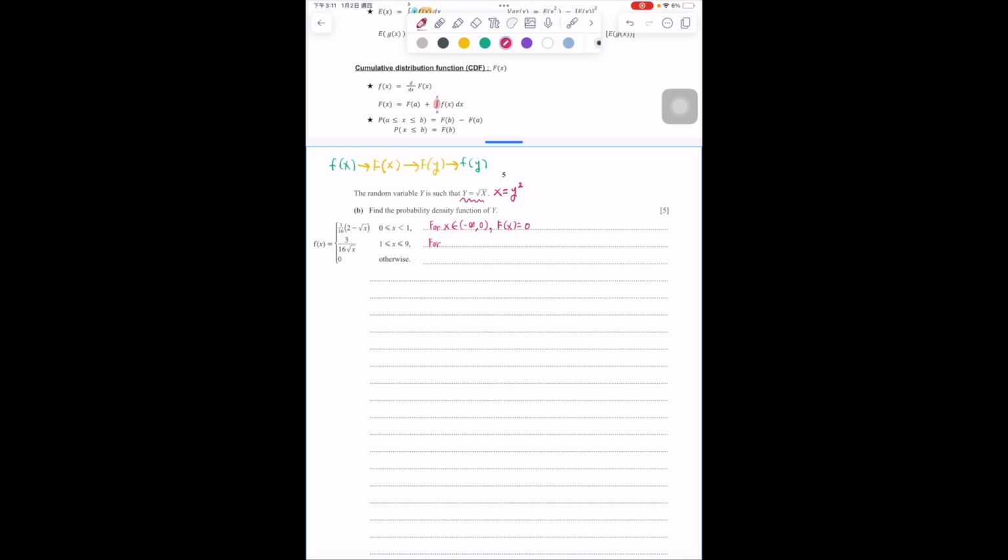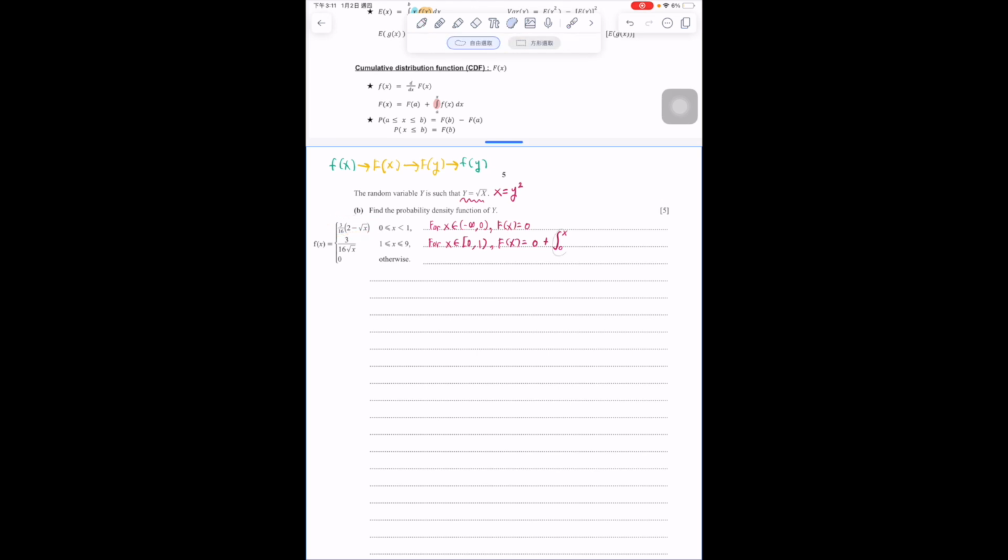For x that falls into this domain, 0 to 1, but not including 1, our CDF is equal to what we have above. We have 0 plus, we integrate from 0 to x, and our f(x) is 3/16 times (2 minus square root of x).